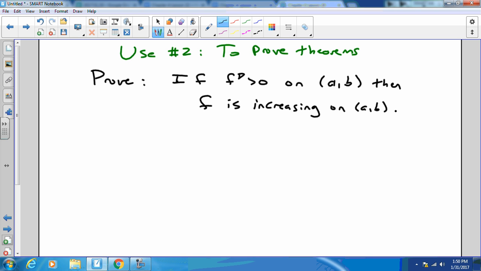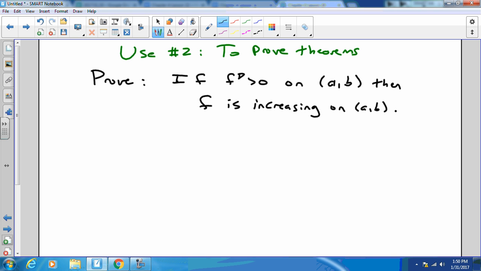Now, when we did this theorem in December, I stated it, drew some pictures, waved my hands and said, isn't this reasonable, that if f prime is positive, then f has to be increasing? And all of you nodded your heads and said, uh-huh.